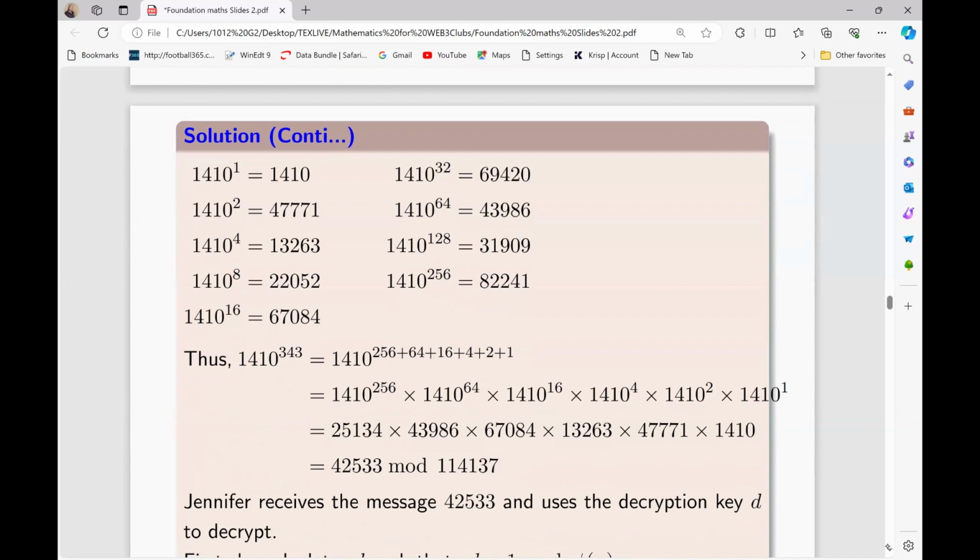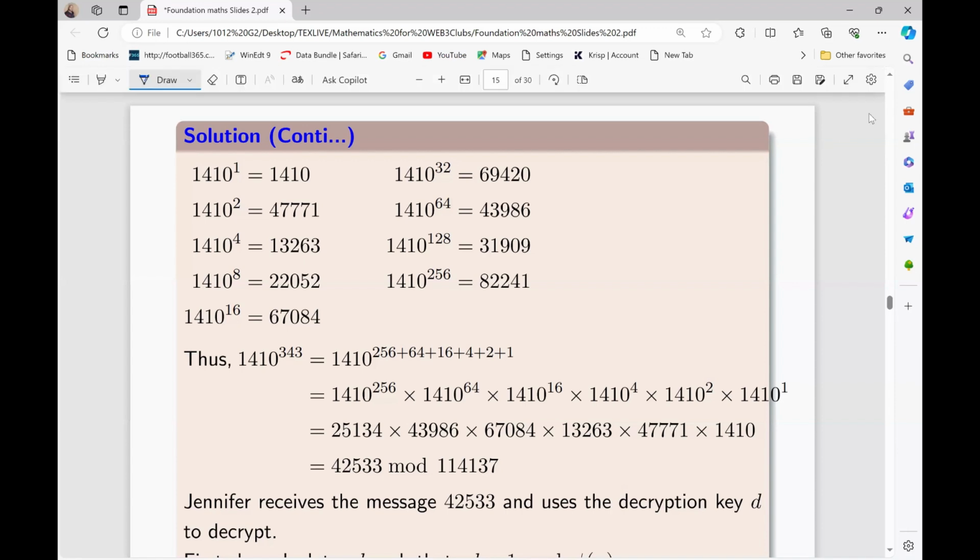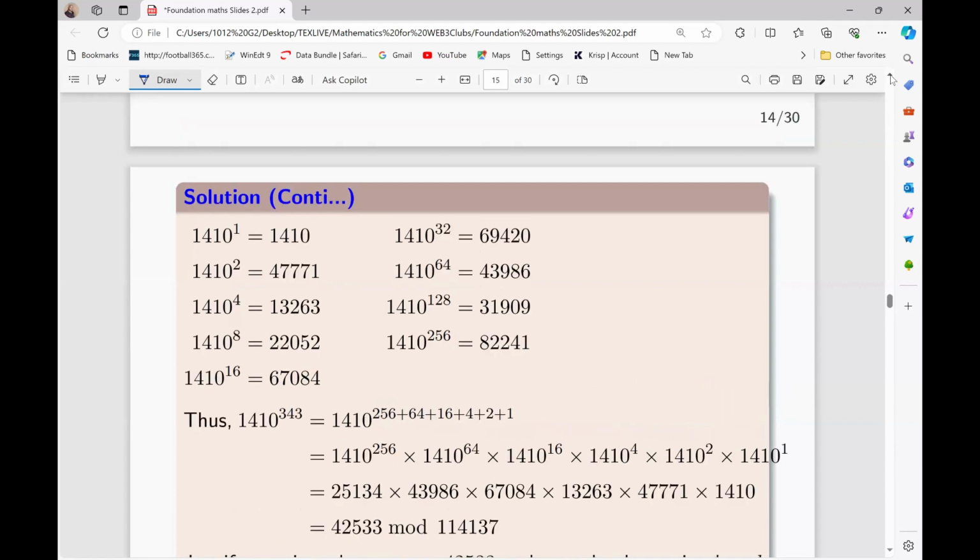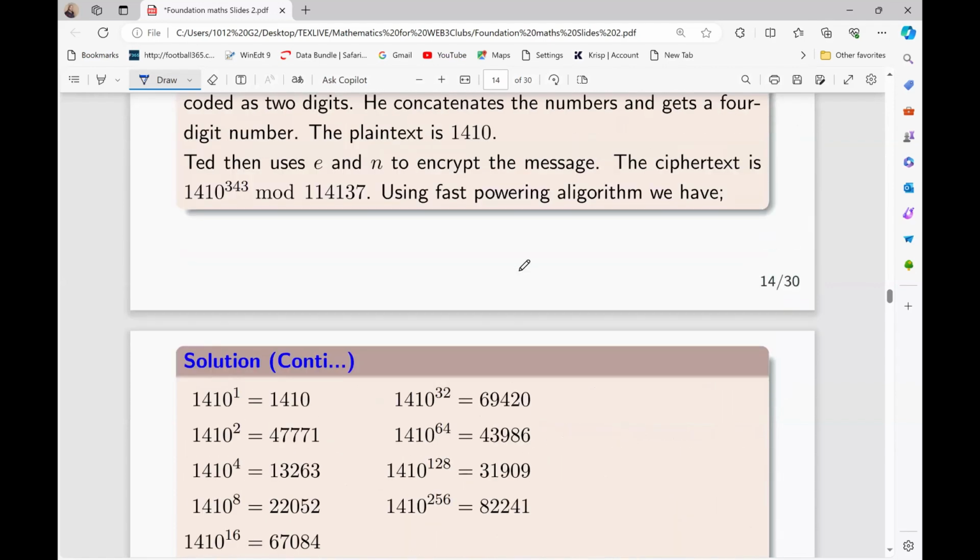So remember this fast powering algorithm, there's something I told you earlier, that it's always easy to know how many times, if you're writing a program, you are going to square these numbers. And what is telling us how many times is this power. This power, which is decimal, you convert it to binary.